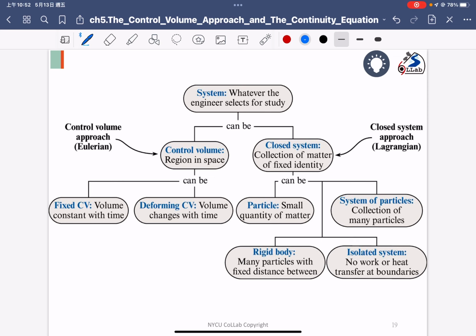So the tree structure just highlights, if you are looking at one problem, how can you distinguish or decide which system you need? You need to consider whether it is a closed system or not. If you just consider the control volume approach, how can you see the difference?